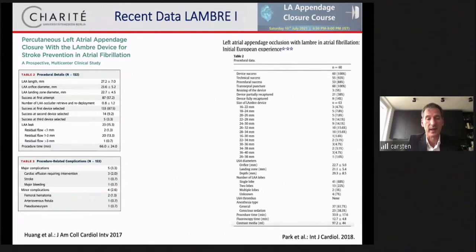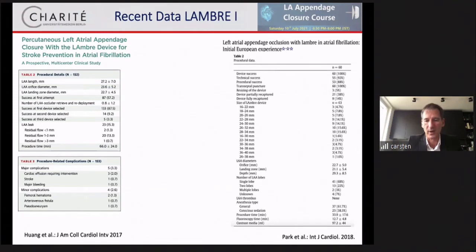And in the end, a few remarks about the results of the Lambert device. We have the first Chinese experience on the left side with 153 patients. We see a major complication rate of around 3%. So this is what we see with WATCHMAN and AMULET as well.